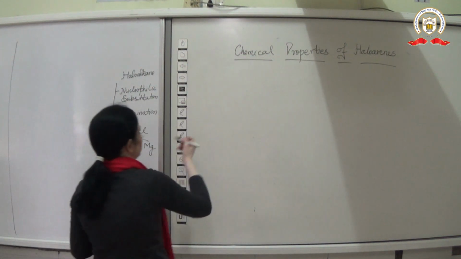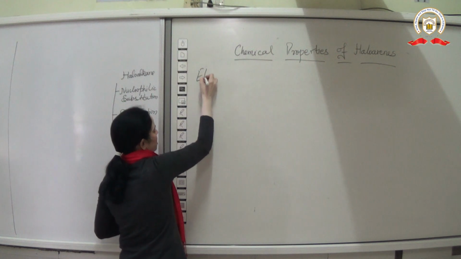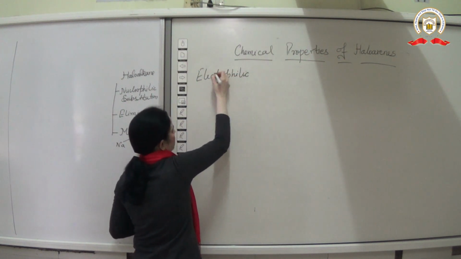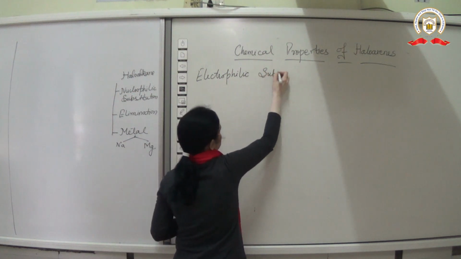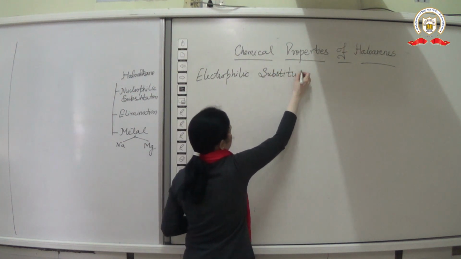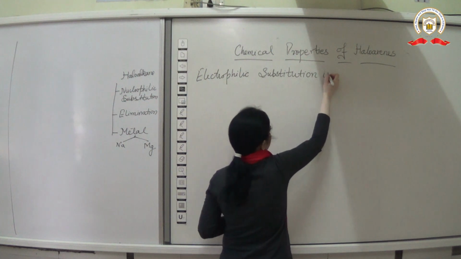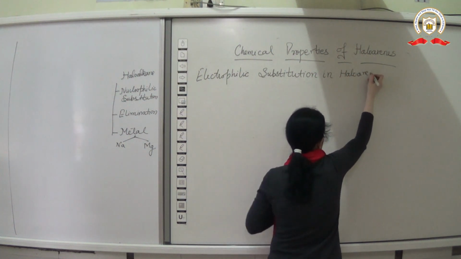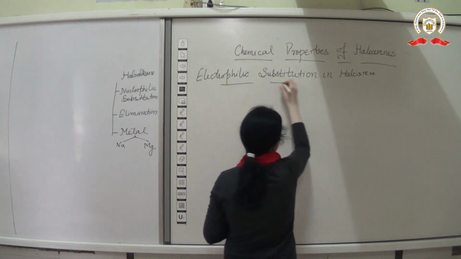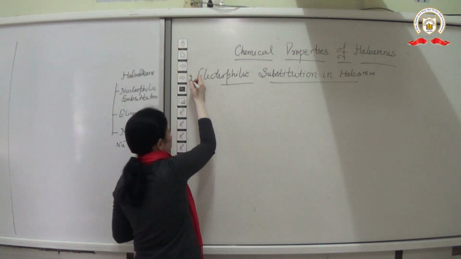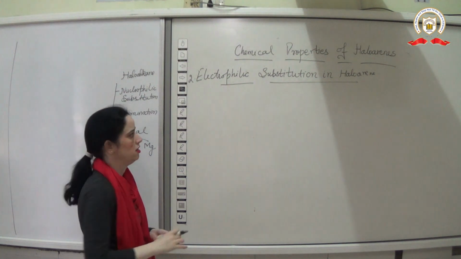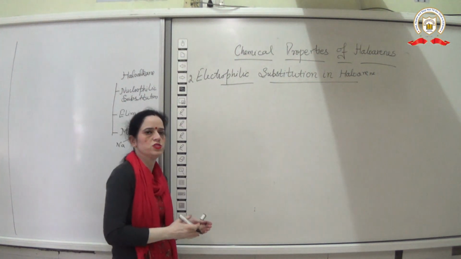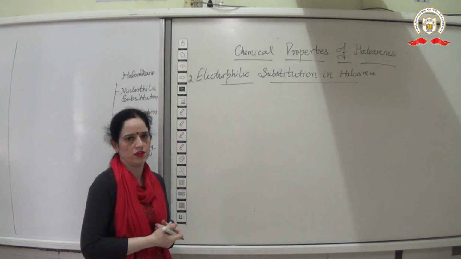The second property is electrophilic substitution in haloarene. This is the second chemical property of haloarenes. Electrophile, E positive, is a species which has less electrons, which is in search of electrons.